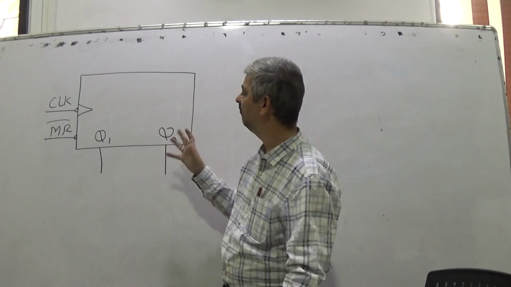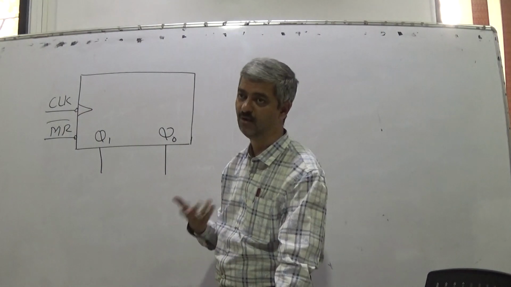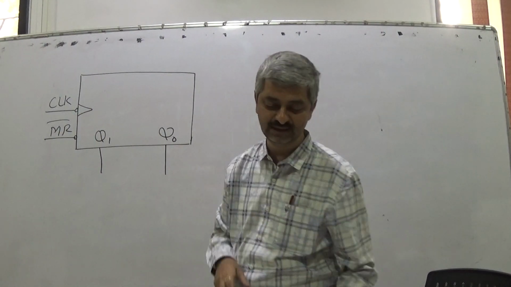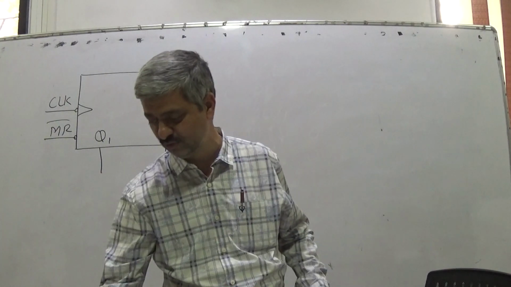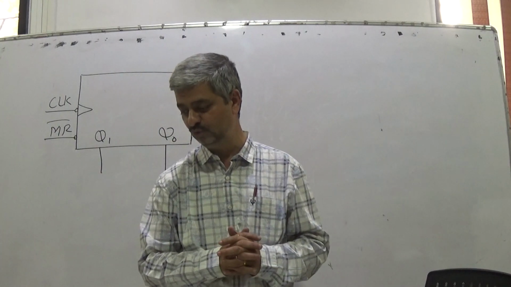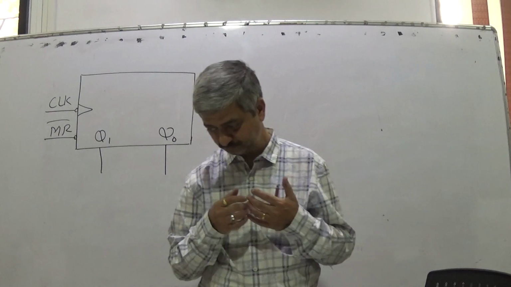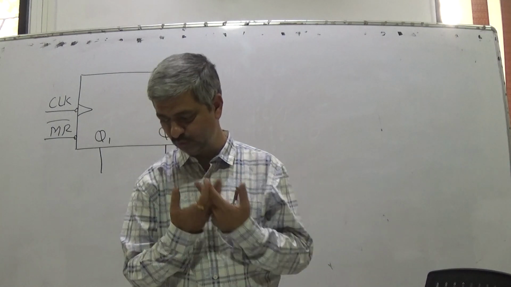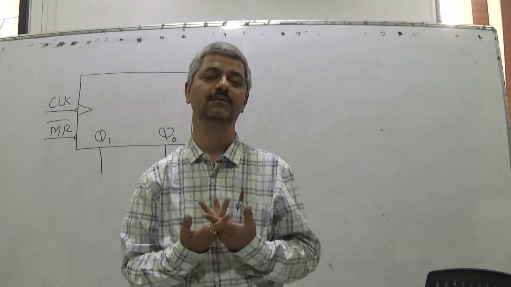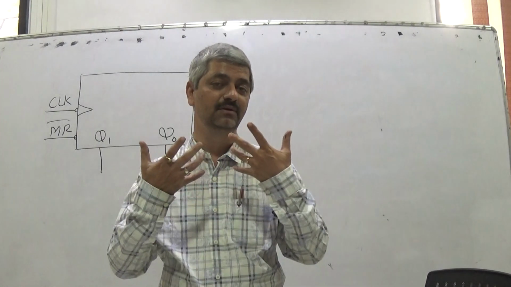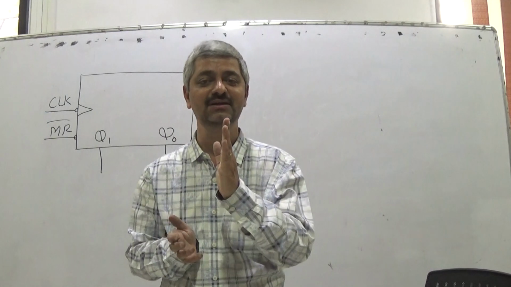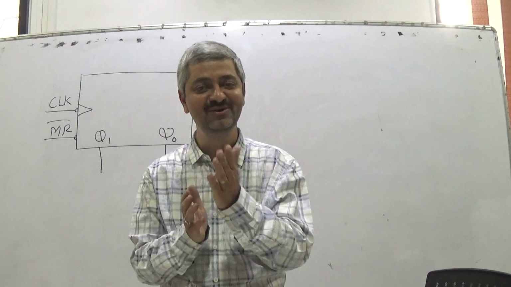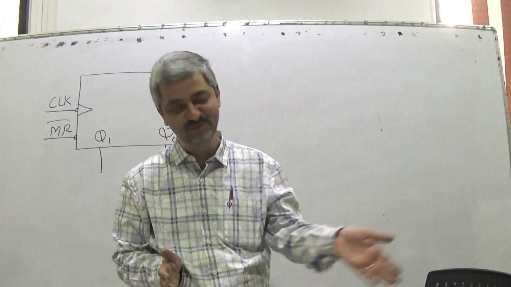So how will we design the counter? I will give you a hint. You can start thinking on your own. Those who don't want the ready-made discussion can pause the video, think on their own, and resume the video.